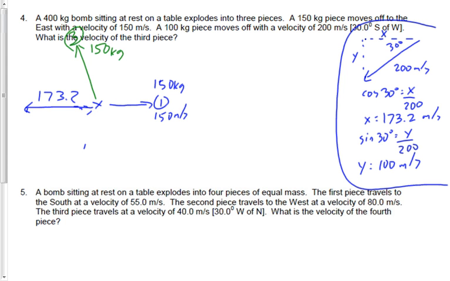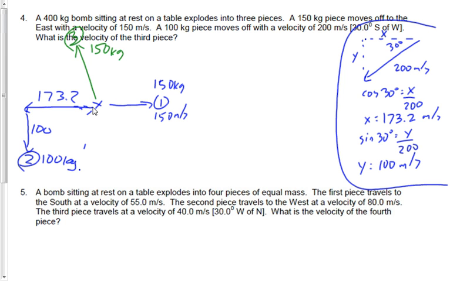I don't have to. In the end, I know in my head that the vector that was going down at 30 degrees is really 173 and 100. We've got that written down over there, so we don't need to write it down over here again. Some people just find it a little bit easier to visualize it that way. The mass, by the way, of that one was 100 kilograms.